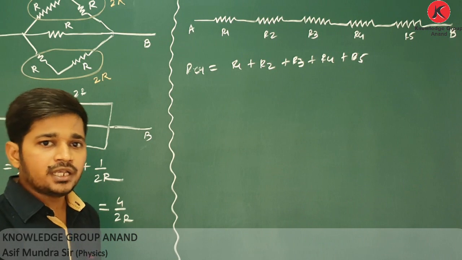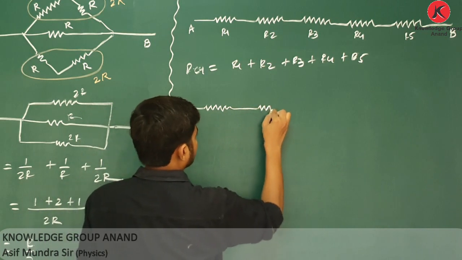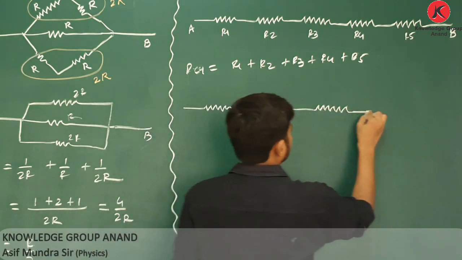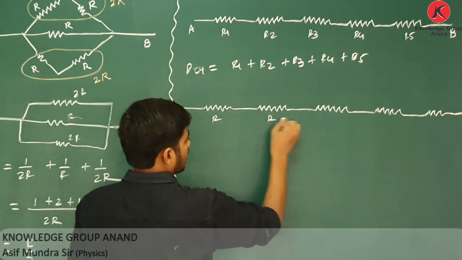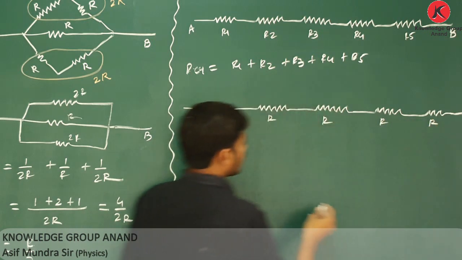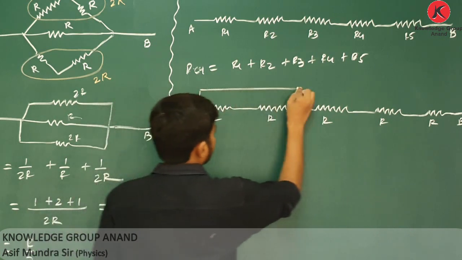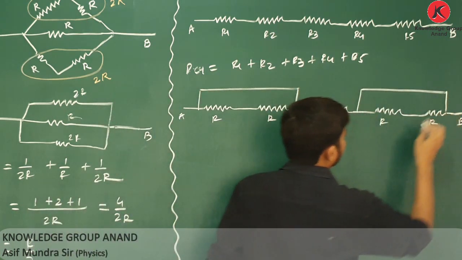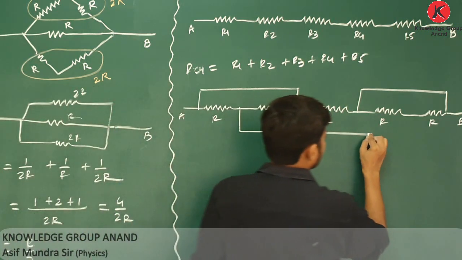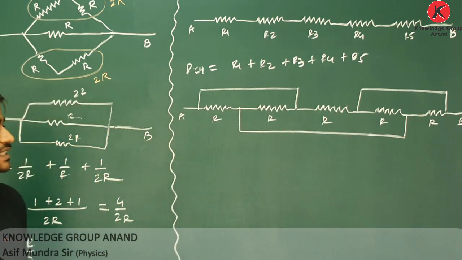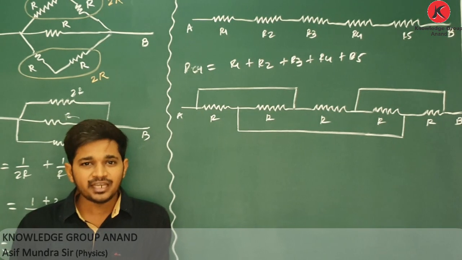Okay. Now, if such resistors are connected like this, you have 5 resistors, each R, between A and B, then you have to find the equivalent resistance between points A and B. See, one similar question we have discussed in chapter number 2 in capacitors.